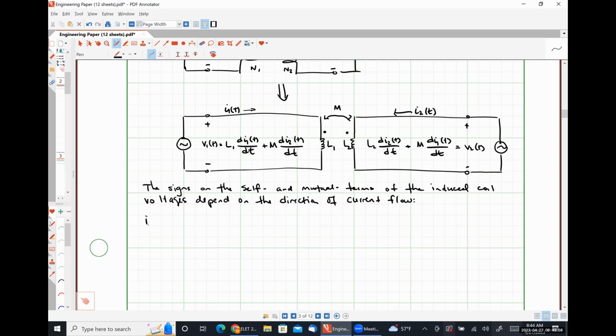So here's our first rule for figuring out how to assign these plus and minus signs here, okay?